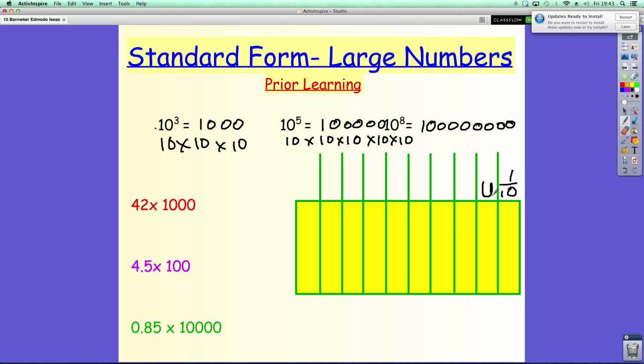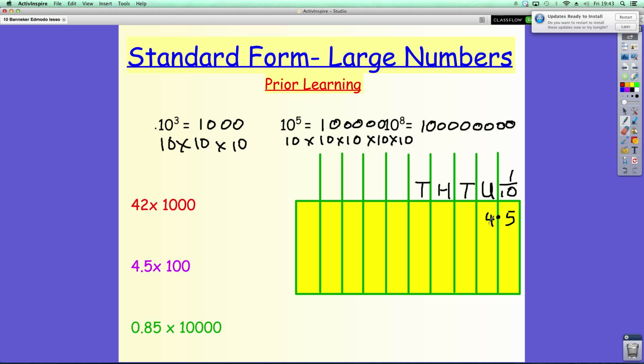Then we have our units or ones, then our tens, our hundreds, and our thousands. And so the 4.5 will go 4 units, that decimal point, 5 tenths. And when we move, I'll write in a different color so I don't have to erase the dot again.